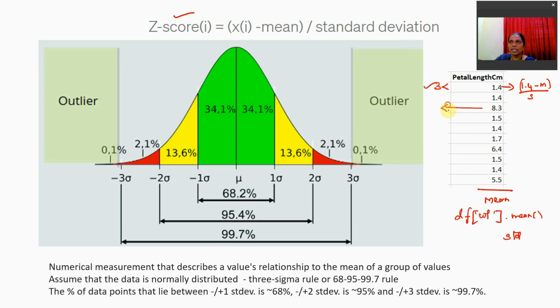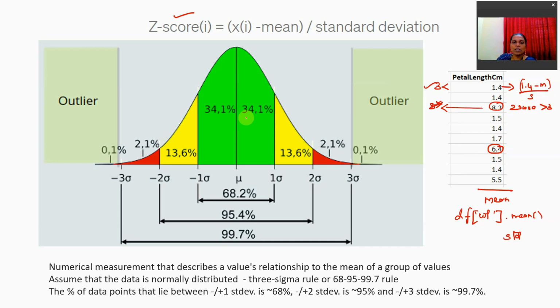But if the value becomes greater than 3, you can automatically specify that this value is an outlier. If the Z-score is greater than 3, the data point is an outlier.